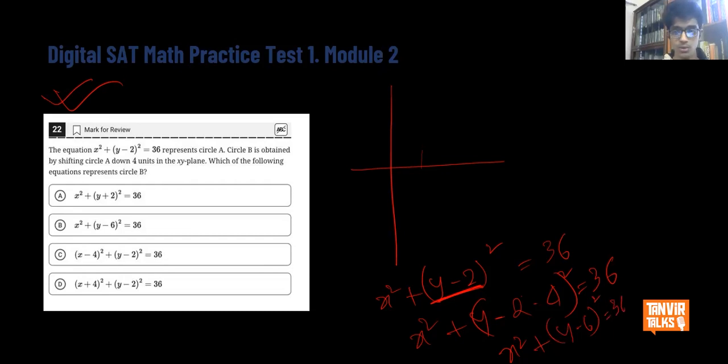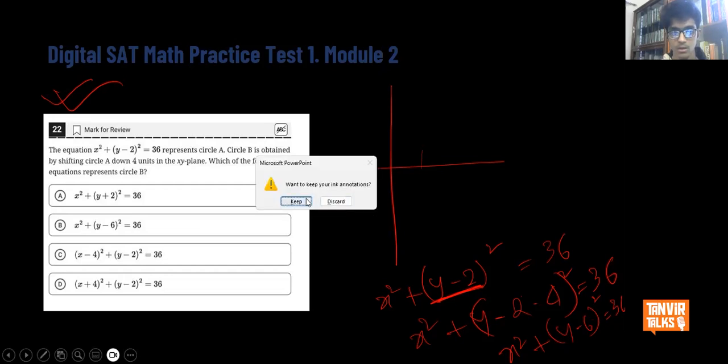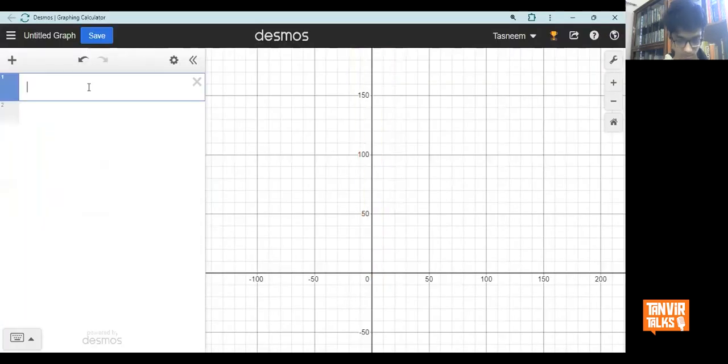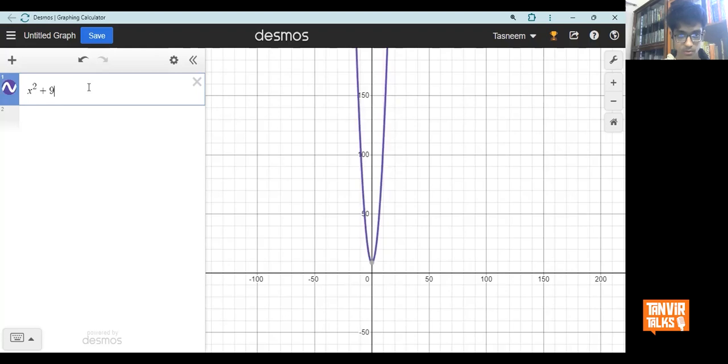Okay, so we will plot both of these equations in Desmos. x square plus y minus 2 square is equal to 36.